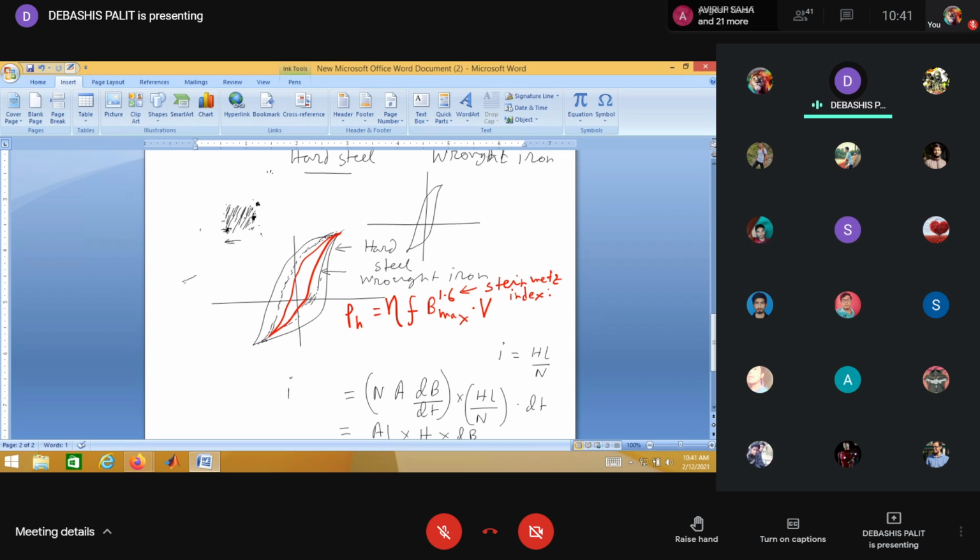Different materials have different Steinmetz indices. Whenever the Steinmetz index is more, the hysteresis loss is more. Whenever the Steinmetz coefficient is more, the loss is more. This is your coefficient, this is your frequency, maximum flux density, and the volume of the specimen.